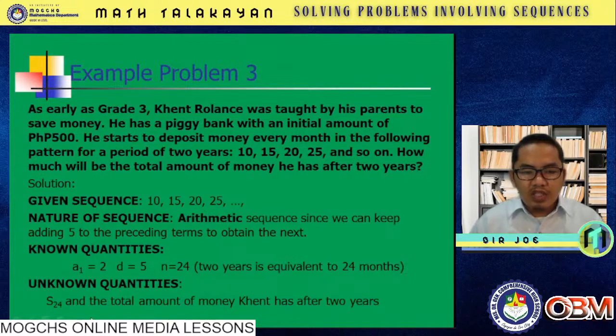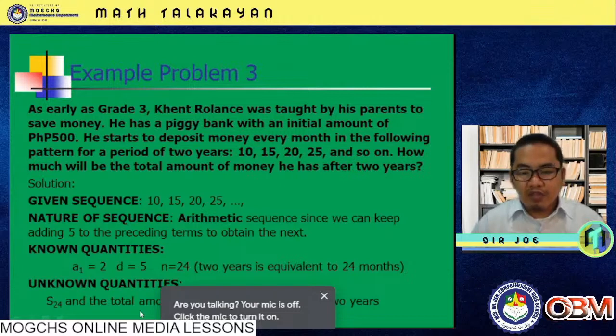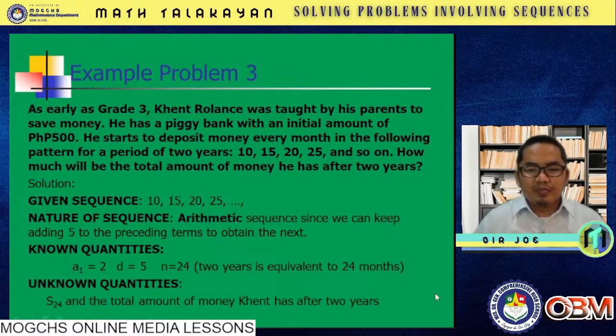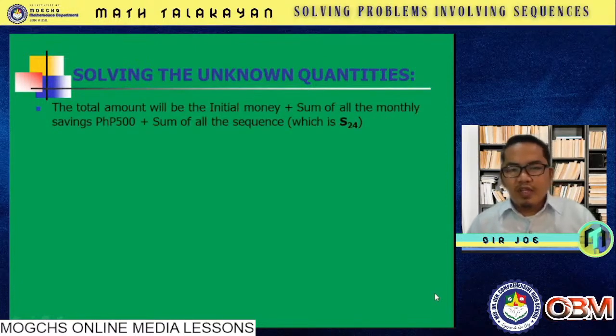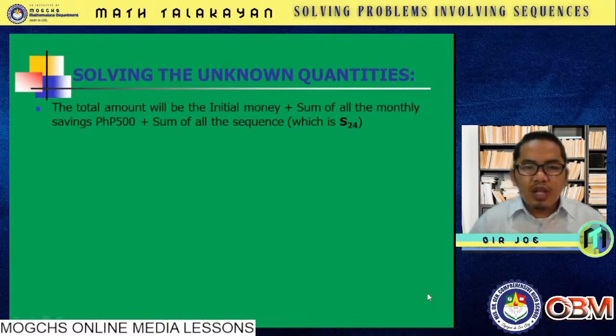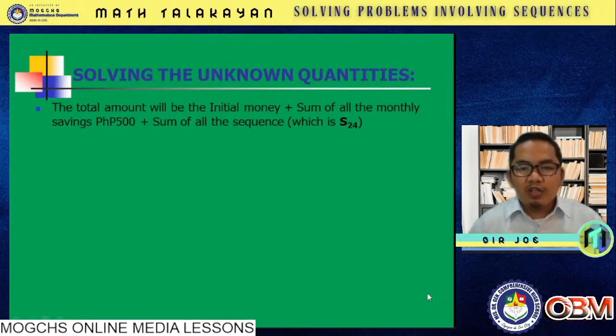Our unknown quantities are S sub 24 and the total amount of money Kent has after 2 years. So for solving the unknown quantities, the total amount will be the initial money plus the sum of all the monthly savings. So 500 plus the sum of all the sequence, which is S sub 24.